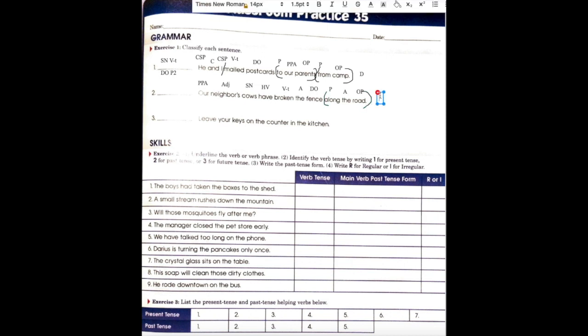Period, statement, declarative sentence. Our neighbor's cows is the complete subject. Here's where our verbs are, so the rest is the complete predicate. Have broken the fence along the road. And it's subject noun, verb transitive, direct object, pattern 2. Number 3, leave your keys on the counter in the kitchen.